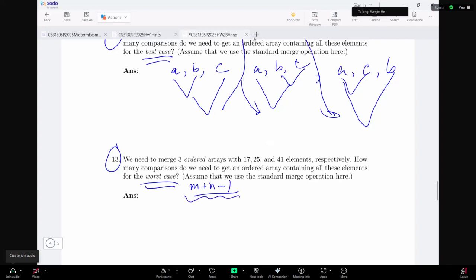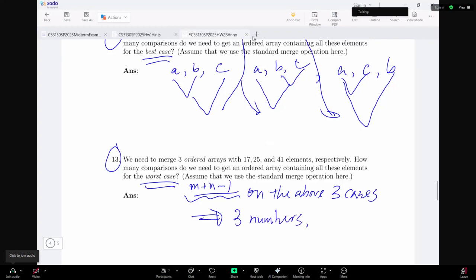You apply this formula on the above three cases, so you get three numbers.